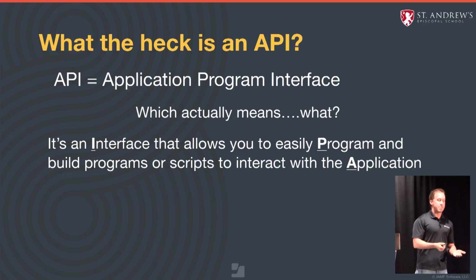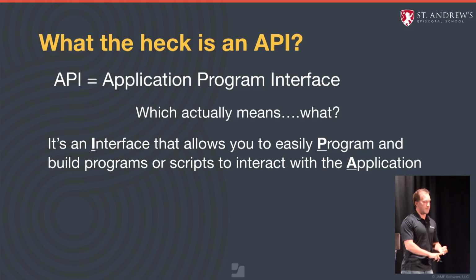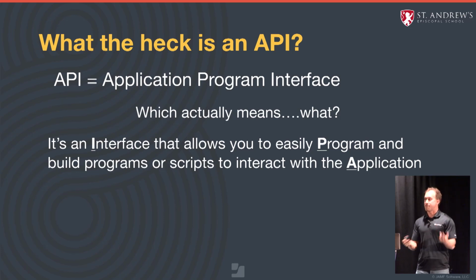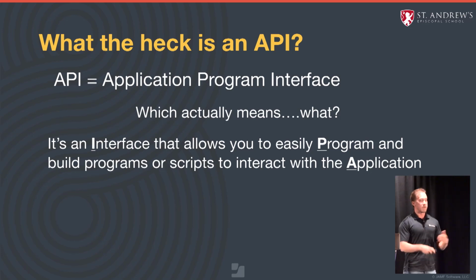So without the API, you'd have to go in, monkey with the SQL database on the back end, understand how the database is laid out, know the SQL to do that, and then pray that you didn't fry your SQL database. And if it was cloud hosted, I'm not even sure you'd have access to be able to do something like that.